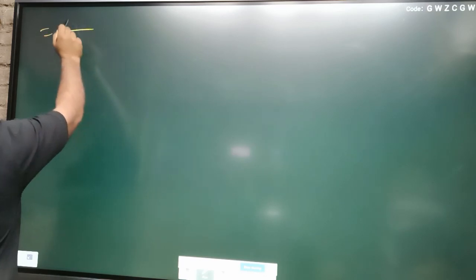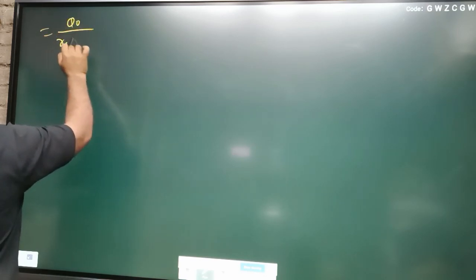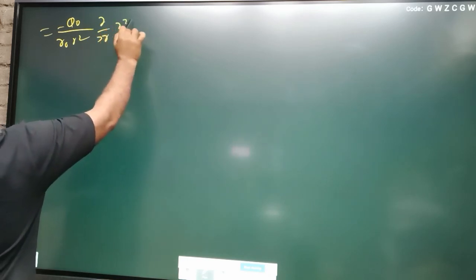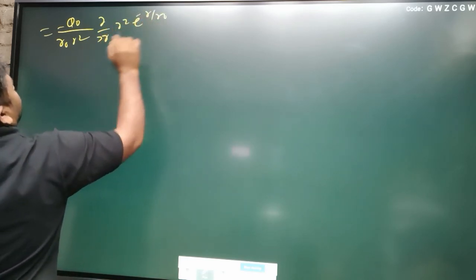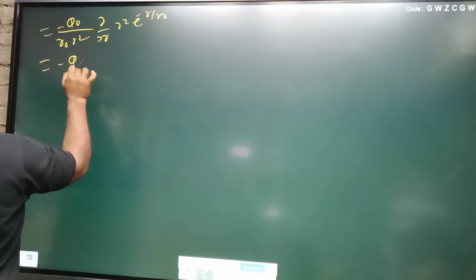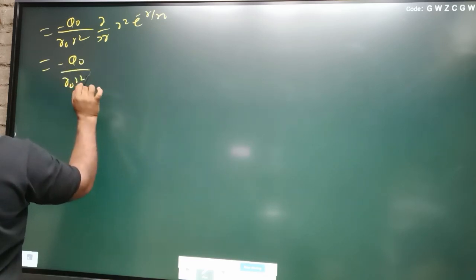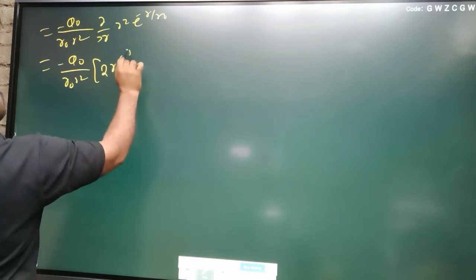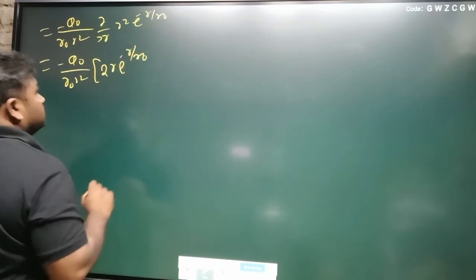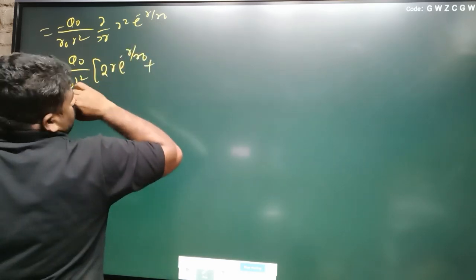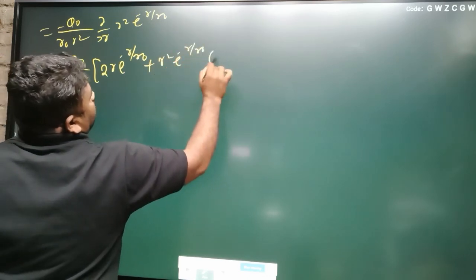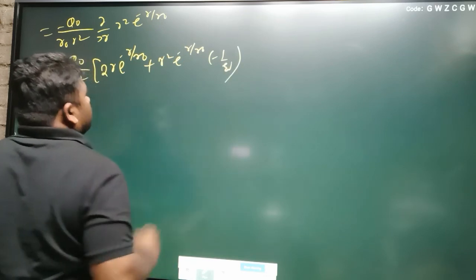This is equal to how much? Phi naught r naught r square, d by dr r square e to the power minus r upon r naught, plus r square e raised to power minus r naught upon r into minus 1 upon r naught.